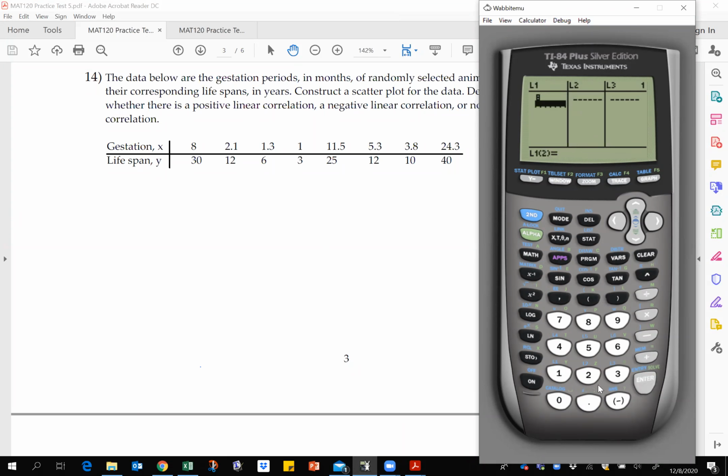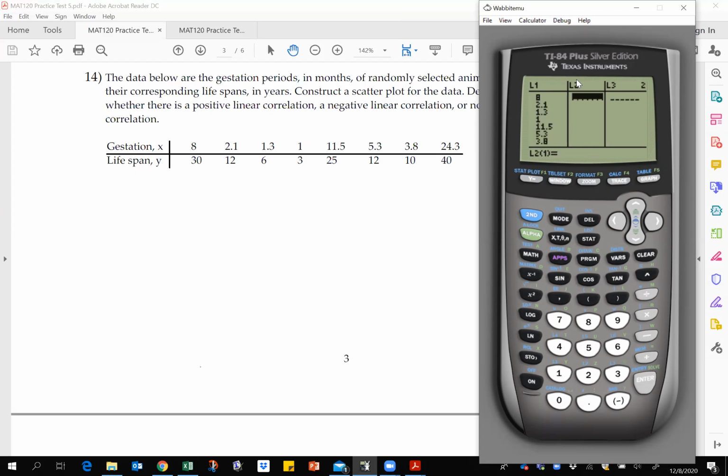So we have 8, 2.1, 1.3. That's all my x values.